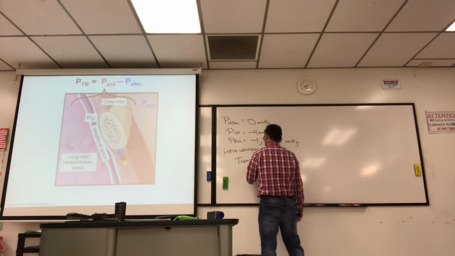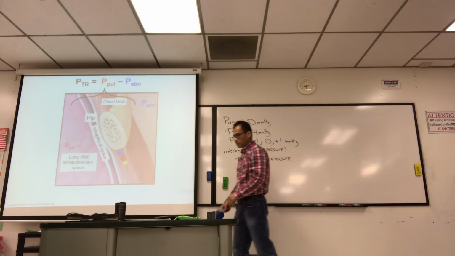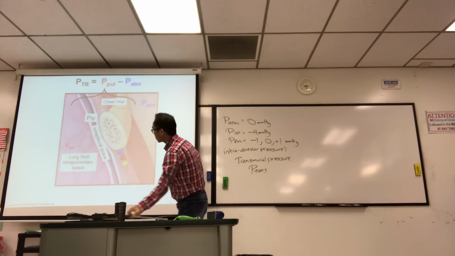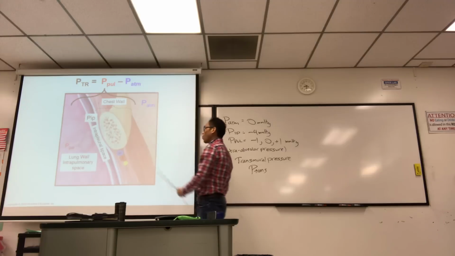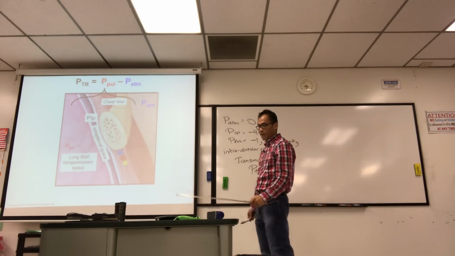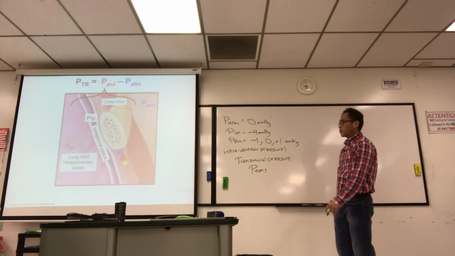I think I have a picture of that there. So let's call this P-trans just like we did before. Transmural pressure: pressure inside the lung, P-pul, versus pressure of the atmosphere, which is always zero, barometric pressure. And it's always pressure in minus pressure out.